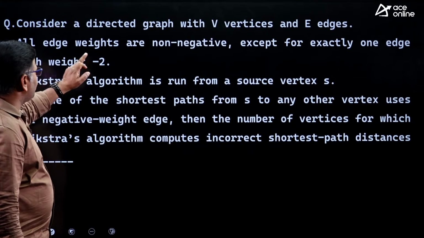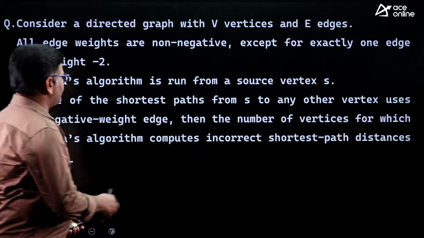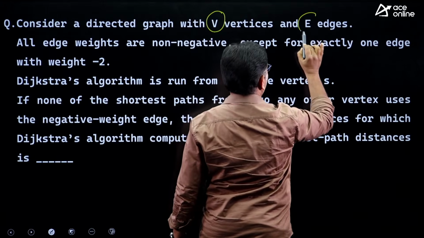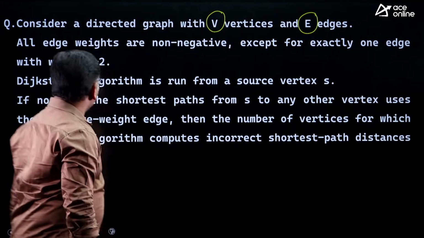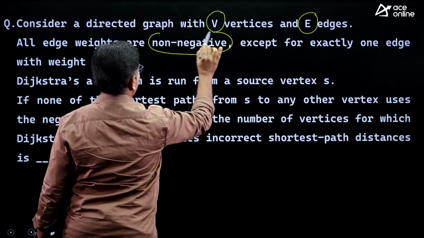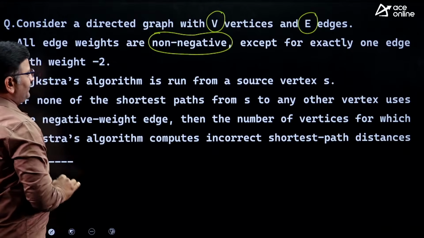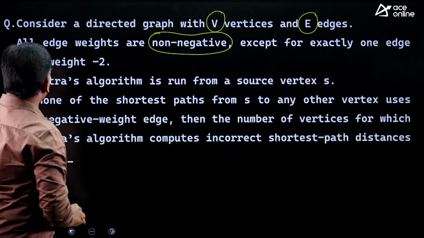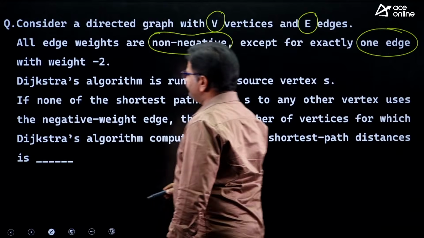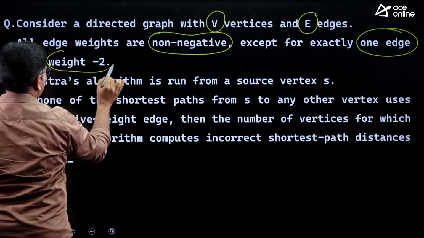Consider a directed graph with V vertices and E edges. All edge weights are non-negative except for exactly one edge with weight equal to -2.